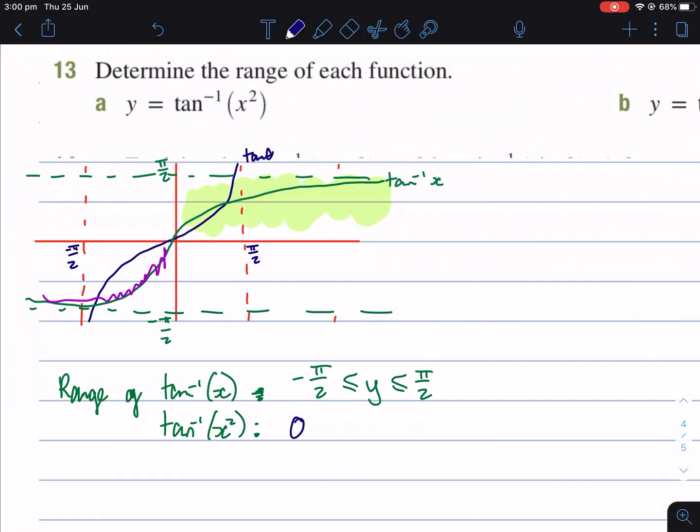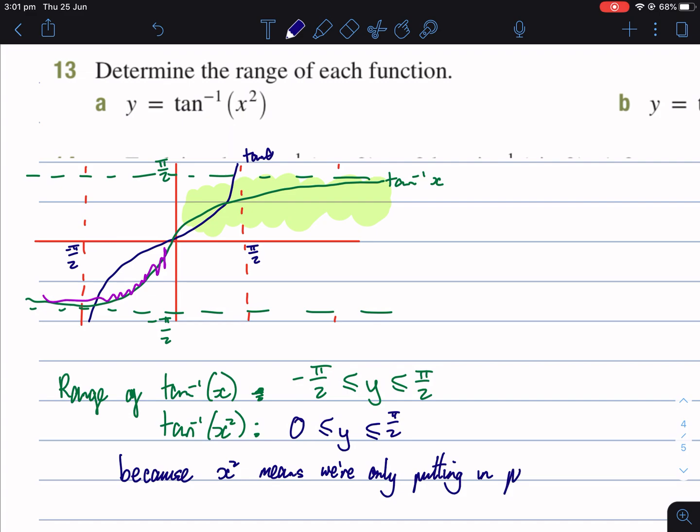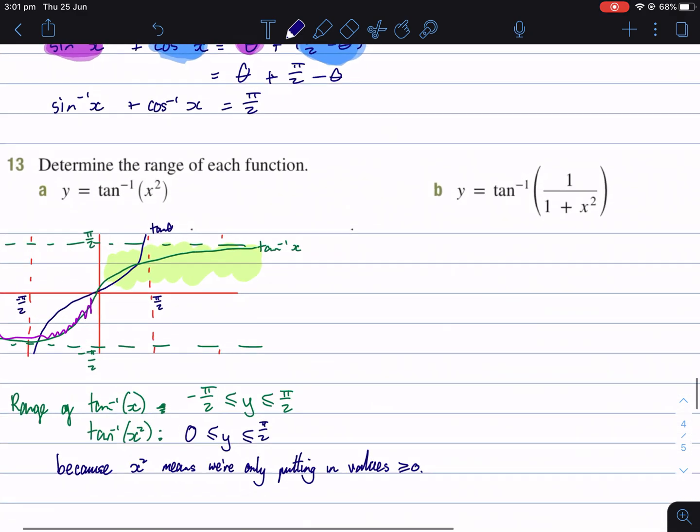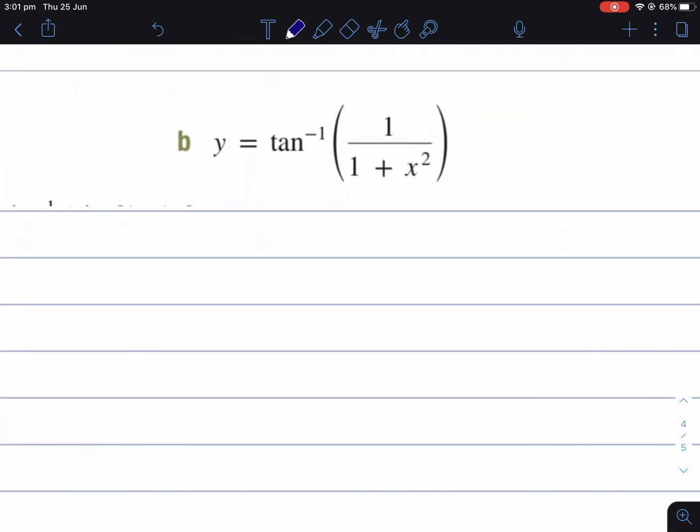So it's going to start off at 0, because we're only putting in values greater than or equal to 0. Okay, if we've got this thing.